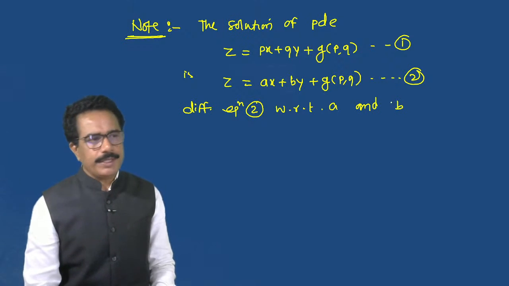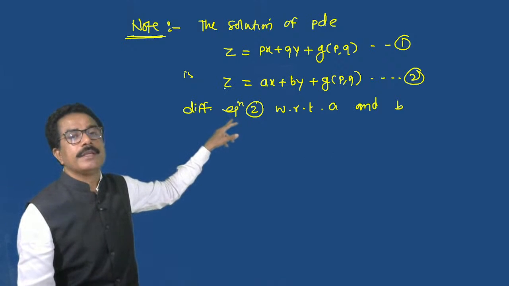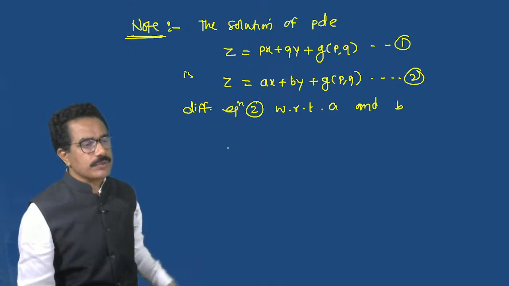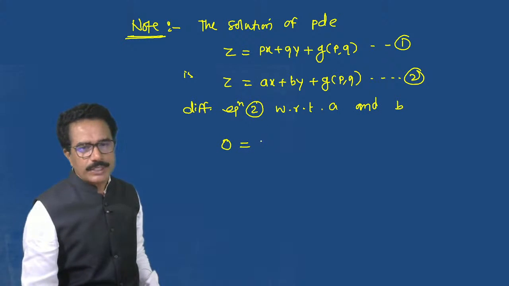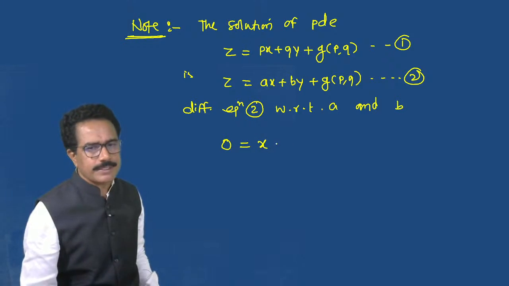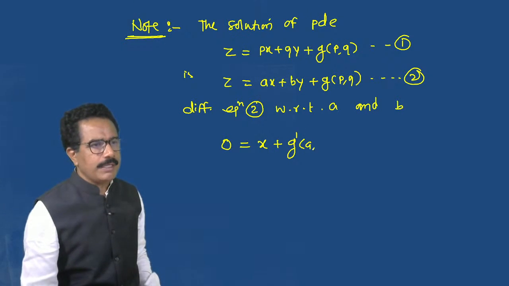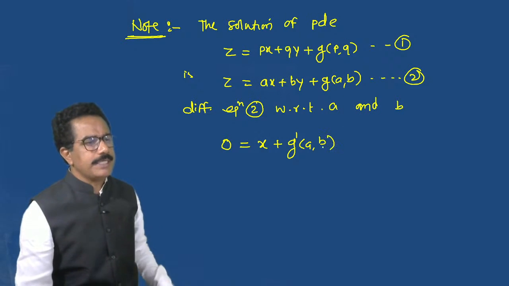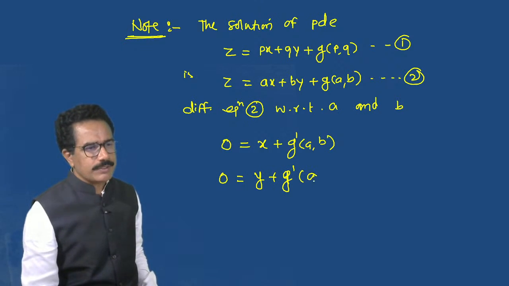If we differentiate with respect to a, z is constant, so we can write 0 = x + g'(a, b). Similarly, with respect to b, 0 = y + g'(a, b).